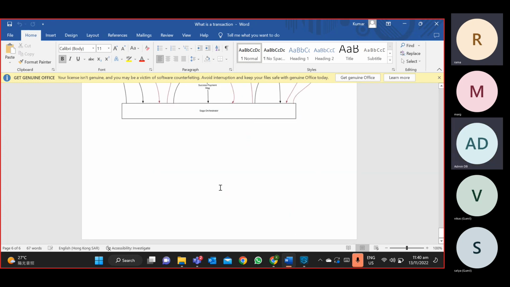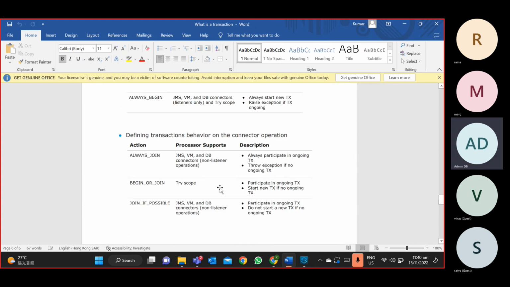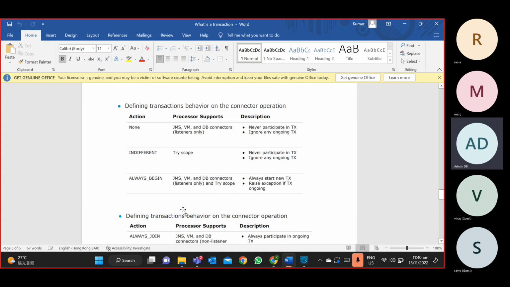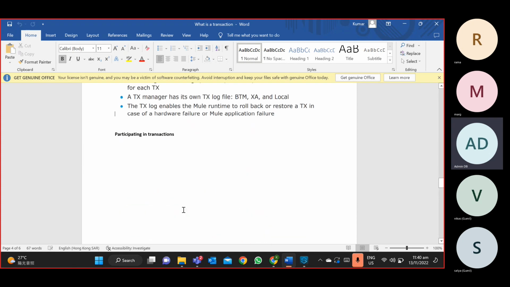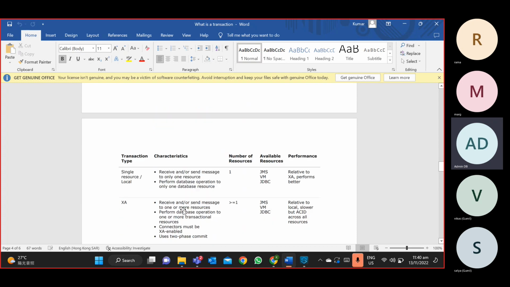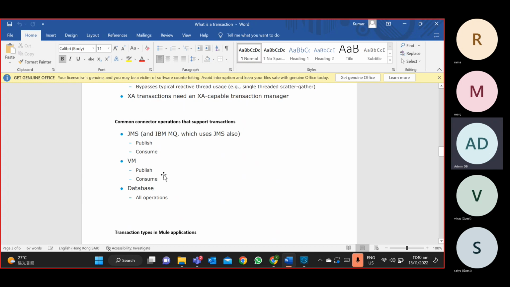Okay, so this is all about the transaction. And here key points you need to remember: how you will configure the transaction, always join, not supported, and if possible, then join. And second thing, you need to understand what all connectors and what all operations support this XA transaction.